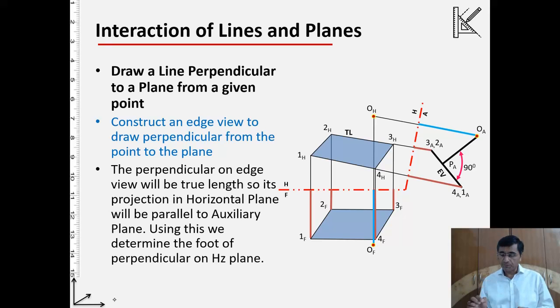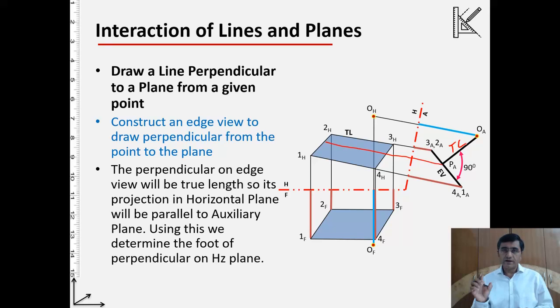So the foot of the perpendicular on the auxiliary plane, now I will bring it back to the horizontal projection. How can we bring it back? We'll be bringing it back along this direction. That's the direction of the projection, number one. Number two, one thing that you will notice, because I'm seeing the edge view and dropping the perpendicular, the length of this perpendicular is the true length.